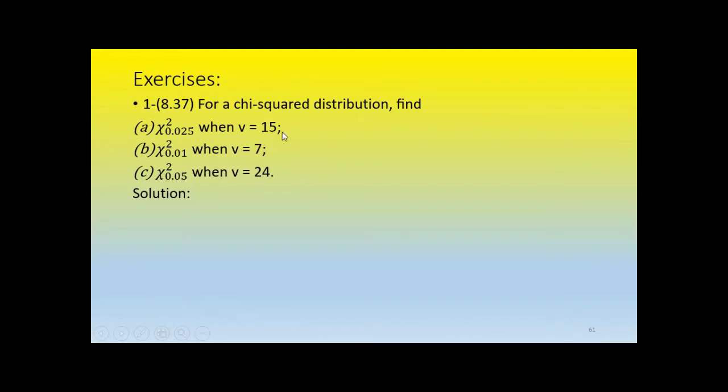Three chi-square values for three degrees of freedom. We'll stop with this problem. The T distribution problem will be discussed in the next class.